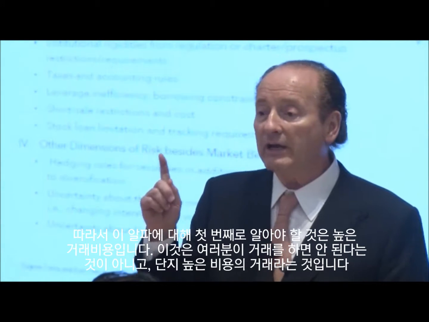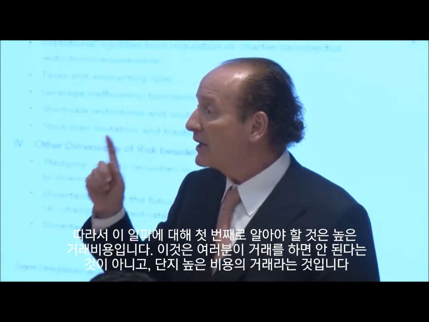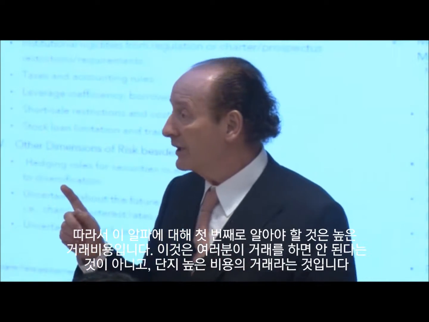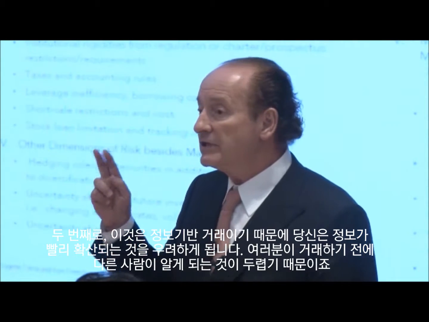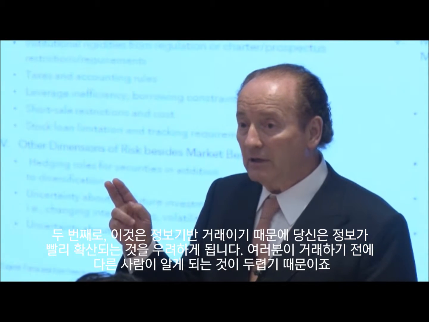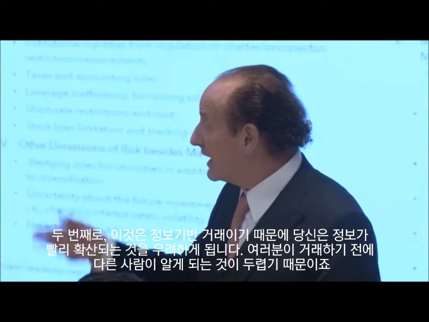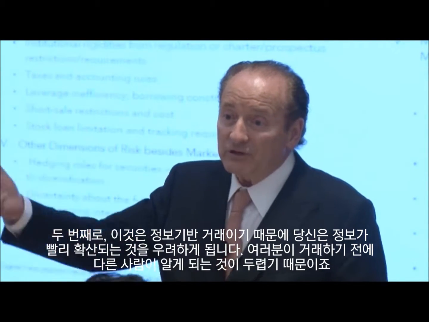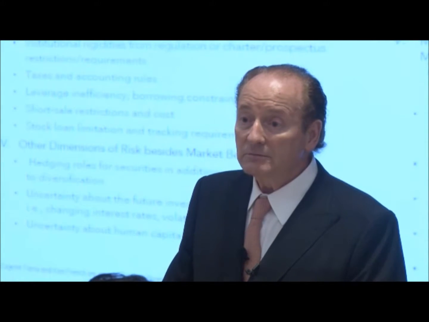So the first thing to recognize about this alpha is it's a high cost to trade. Doesn't mean you don't do it. It's a high cost trade. The second thing is that because it's an information-based trade, the reason you've got to get it done fast is because you're worried the information will get out before you get your trade on.